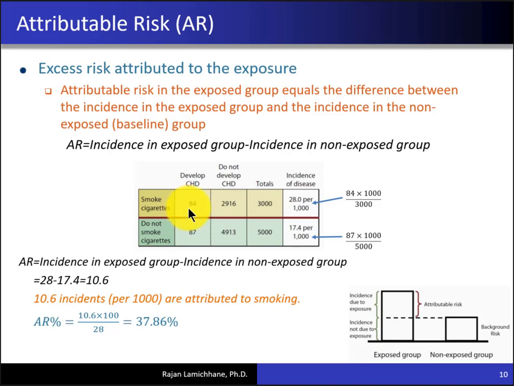To calculate it, first you find the risk of disease among smokers, which is 84 out of 3000, and the risk of disease among non-smokers, which is 87 out of 5000. If you subtract the risk in the non-exposed group from the exposed group, you get the attributable risk. I calculated it here for 1000 population. This means 10.6 incidents per thousand are attributable to smoking only.